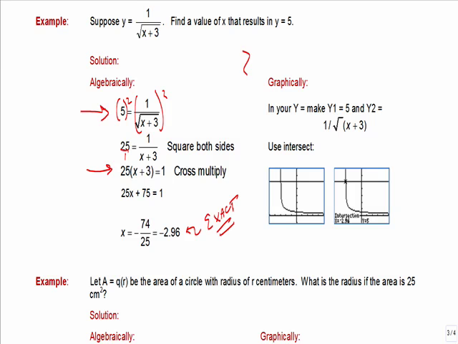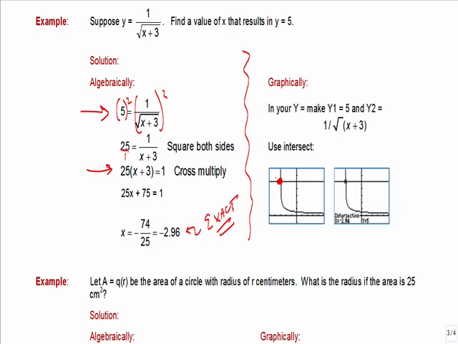Now I could do this graphically, and we discussed this before, this idea of using intersect. If I wanted to do that, I could go into my y equals on my calculator and make y1 equal to 5 and y2 equal to 1 divided by the square root of the quantity x plus 3. And I could graph those, and what I'm then looking for is the intersection.